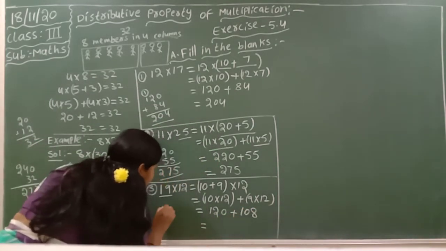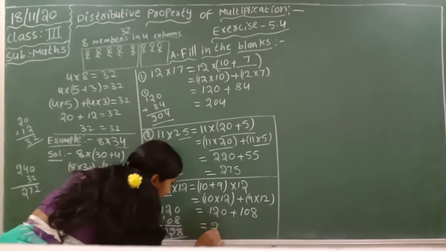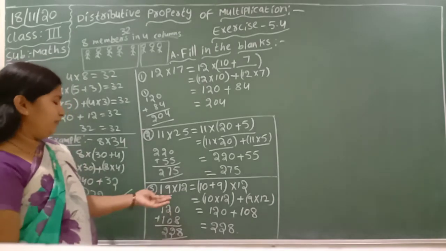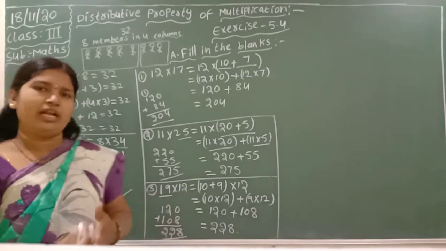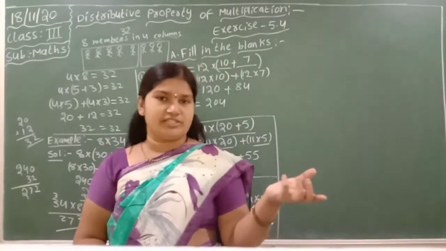Now you can add these two numbers, 120 plus 108. 0 plus 8, 8; 2 plus 0, 2; 1 plus 1, 2. The answer is 228. Okay. If you separate any number, then also you will get the same answer, and it is very easy.